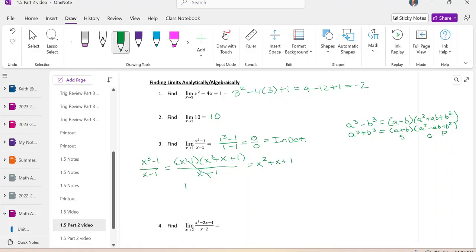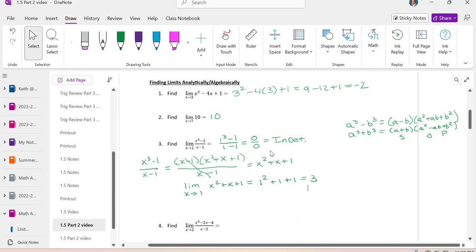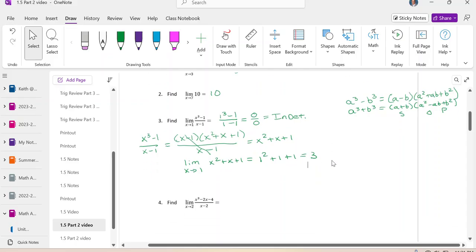So now the limit as x approaches 1 of x squared plus x plus 1 is equal to 1 squared plus 1 plus 1, which is 3. So whenever you have an indeterminate form, you're going to do algebra to simplify that function and then stick the number back in, and that will give you the limit.